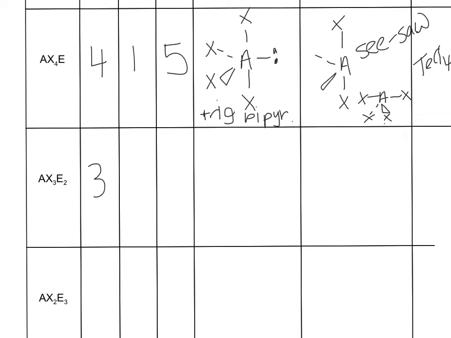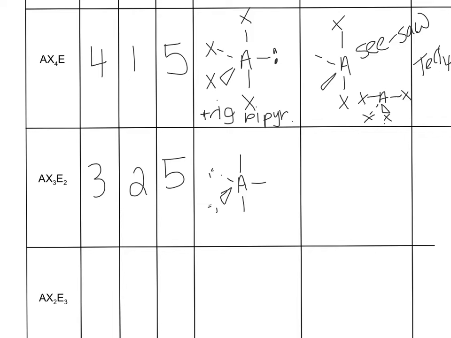AX3E2 has 3 bonding pairs, 2 lone pairs, for a total of 5. So this is also based on the trig bipyramidal. So again, we're going to put in our bonds. So the pairs of electrons go into the equatorial plane again, putting them in these 2 positions just for convenience.